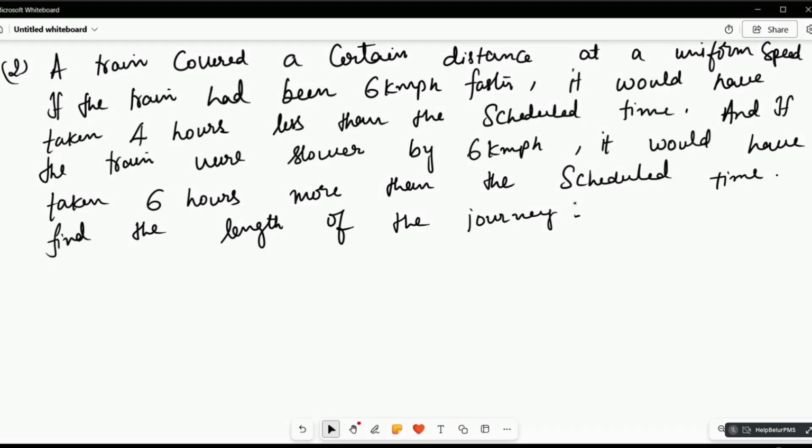So he is asking the distance. What is distance? Usually distance means speed into time. Correct.